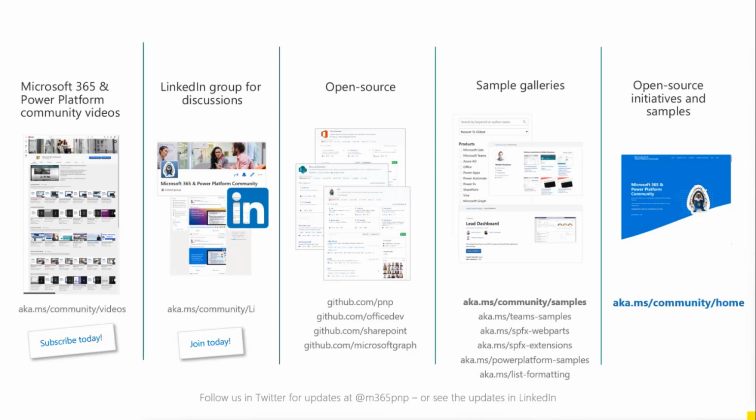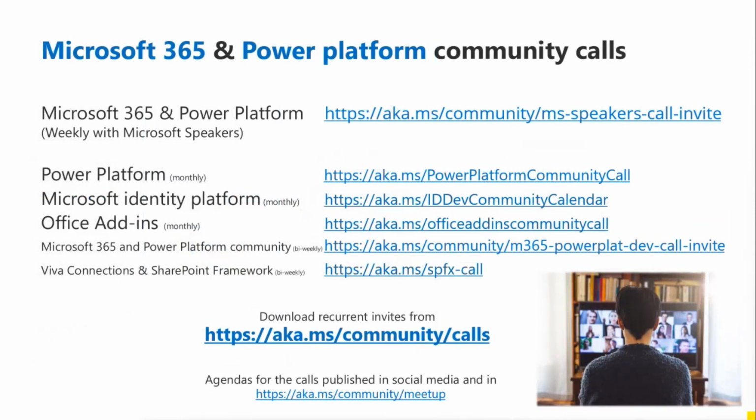Now, let's talk about community calls. You're here because you like them, so we have more for you. The Microsoft 365 and Power Platform Weekly with Microsoft speakers is one of the more important calls that you definitely want to get on your calendar because you are going to get it straight from the horse's mouth. All these are only Microsoft presenters so that you'll hear directly from those program managers, the product managers. Then, of course, we've got our monthly Power Platform call.